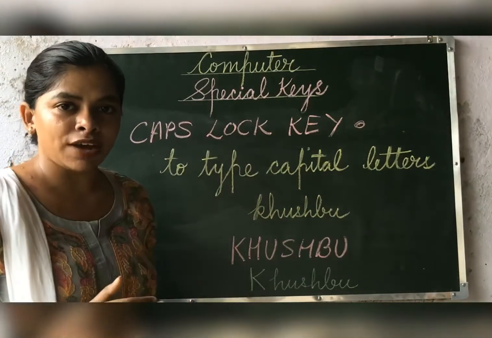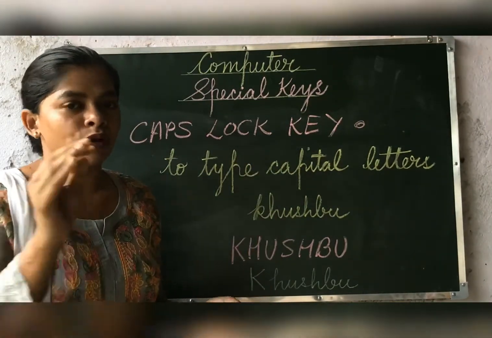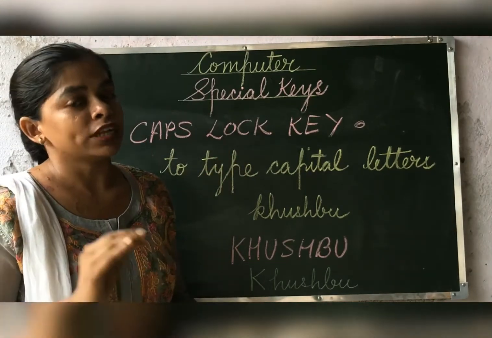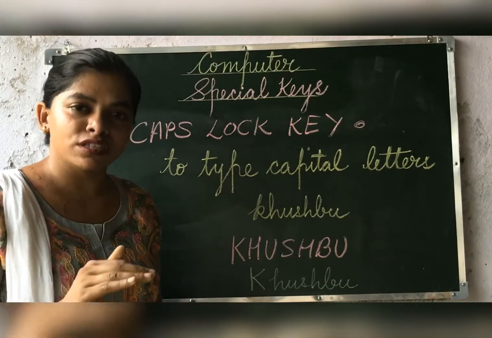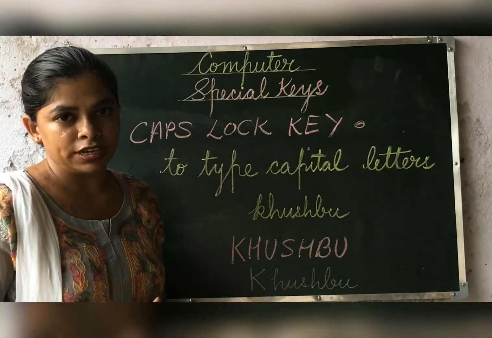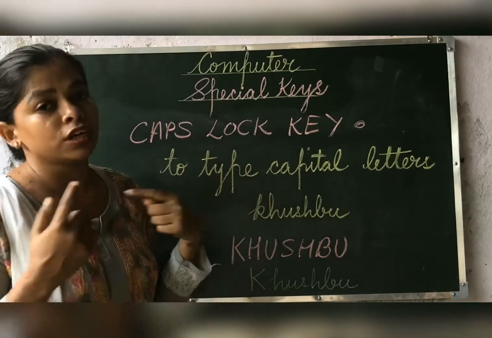So children, just remember, when you want to write anything in capital, you have to turn on the caps lock key, then write that letter or that word. But children, again, if you want to continue the sentence or the word in small letters, you have to turn off the caps lock key.